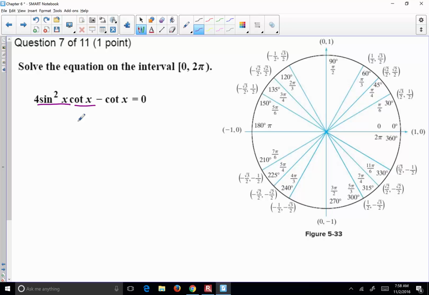Any ideas? Could you change cotangent into cosine over sine? Of course, no problem. Let's change cotangent into cosine over sine. Both cotangents? Okay, all done.